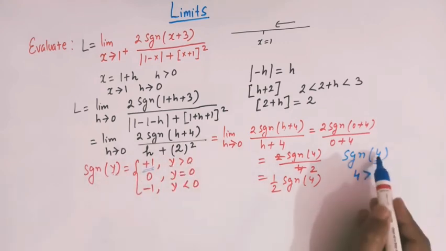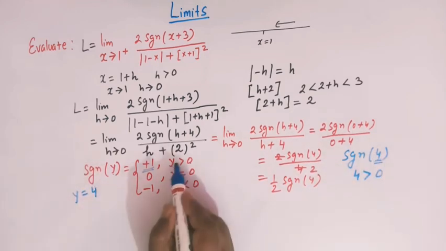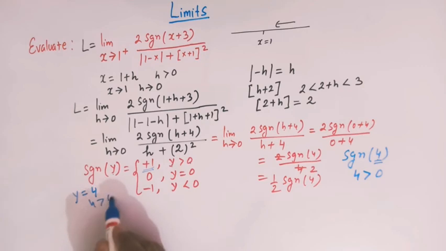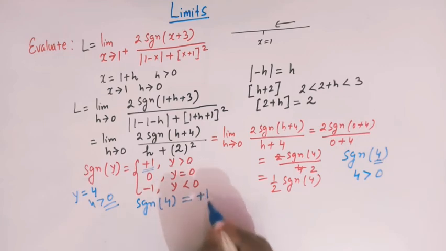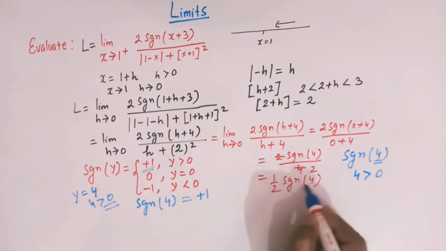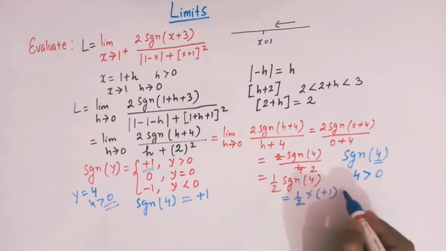So here y is 4, right? So y is 4, and obviously 4 is greater than 0. So signum of 4 will take the value plus 1, right? So we'll take here plus 1, so we have half times plus 1, so this is simply half, right?